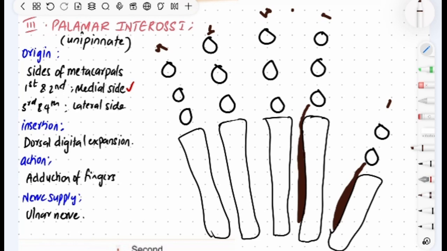Next, whereas third and fourth get originated from the lateral side, like this. This is the third palmar interossei, and the fourth like this.